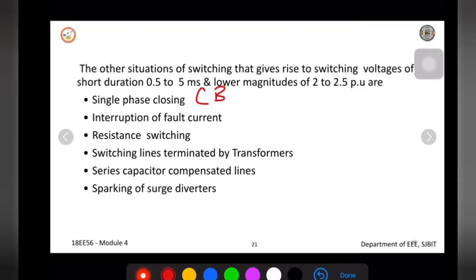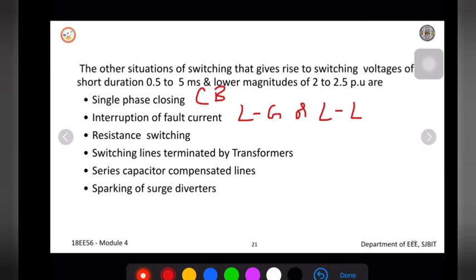And because of interruption of fault current, that is when we have a line to ground fault or line to line fault. When you try to clear this fault, I'm clearing a line to ground fault, I'm clearing a line to line fault. During this, there will be interruption of a fault current.